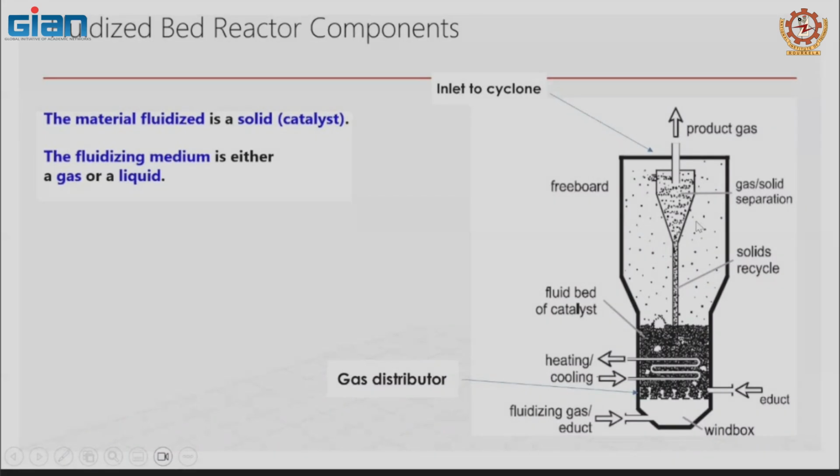As the reaction continues in the bed region as well as in the freeboard region, the product gas along with some solid products may remain in the freeboard region, which are separated through this cyclone separator.